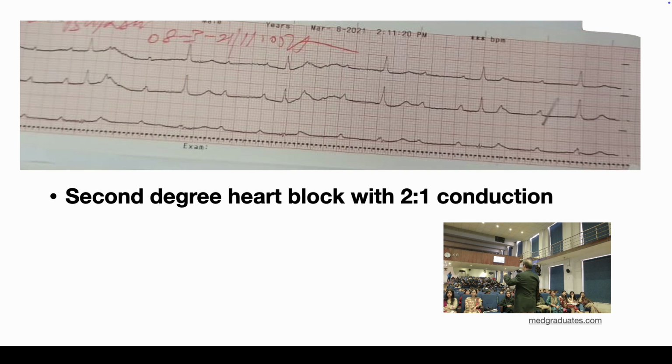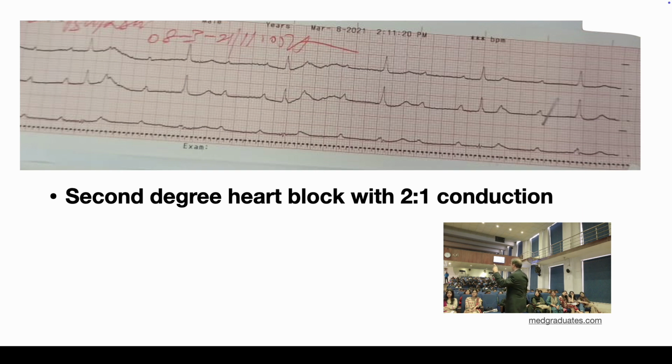In first degree heart block, all impulses generated at the SA node cross the AV node. In second degree heart block, some of them do. In third degree heart block, none of the impulses generated at the SA node can cross the AV node.